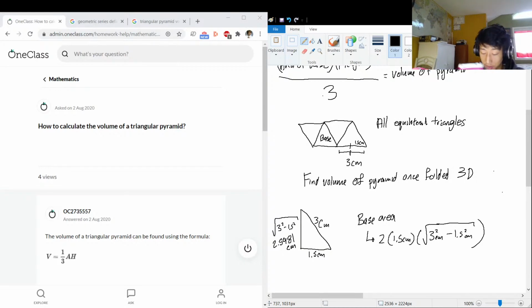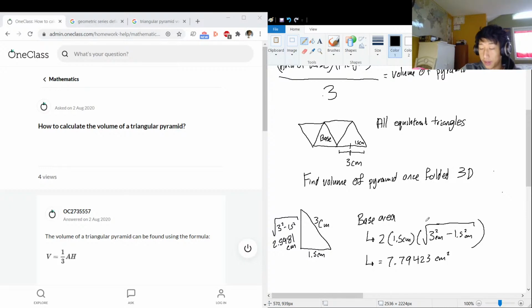So that multiplied by 2 times 1.5. That's going to give us the area of the base, which is equal to 7.79423 centimeters squared. Okay, so that's the base.